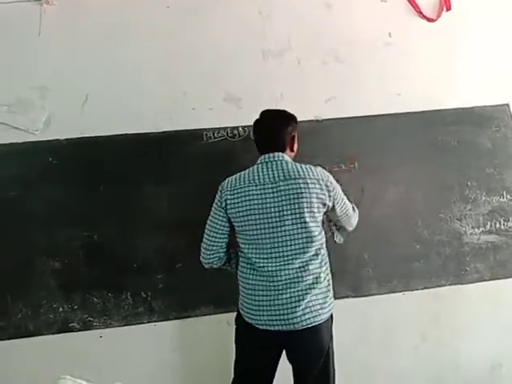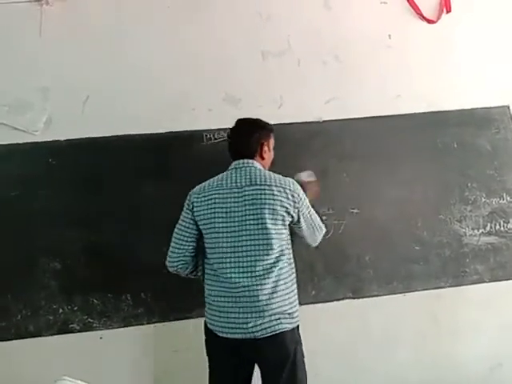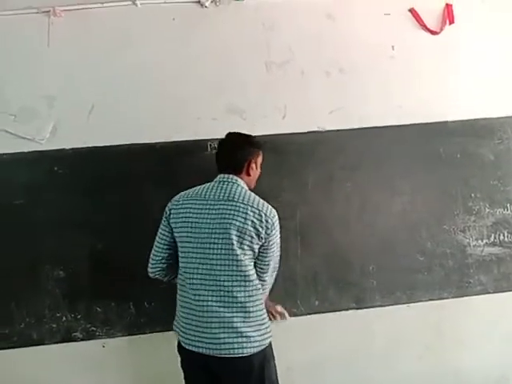Here the descending order was already given. If the descending order is not given to you, how can we do the simplification?